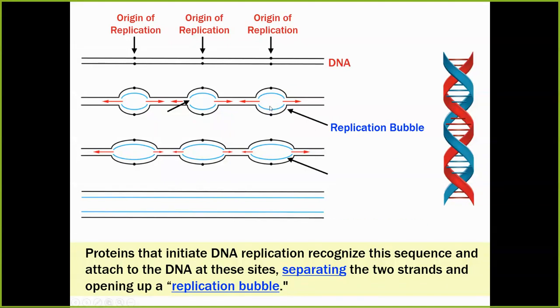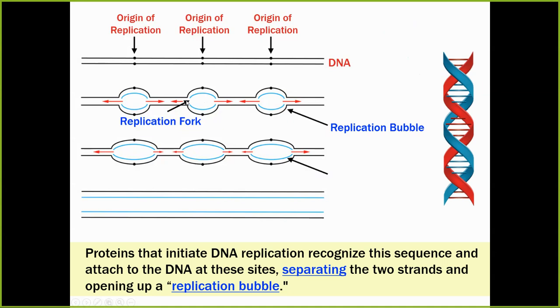So again, that is your replication bubble. And because we have more than one origin of replication, we have more than one replication bubble. Each replication bubble has two replication forks.